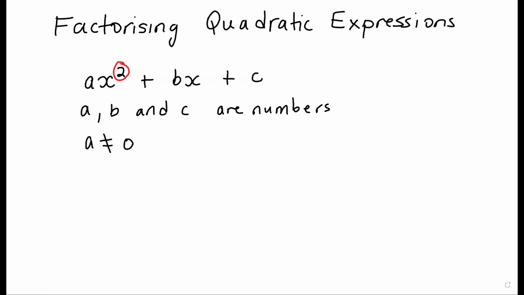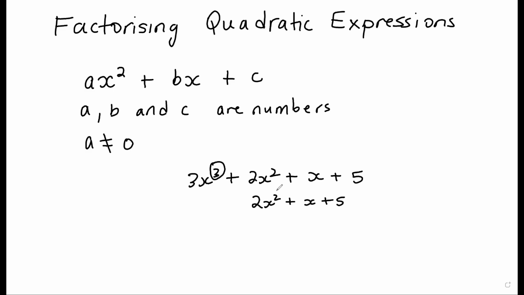So if you had another example, like 3x cubed plus 2x squared plus x plus 5, this will not be a quadratic because the highest power here is 3, which is more than 2, right? However, if you had just 2x squared plus x plus 5, this will be a quadratic because the highest power of x is 2. Even if you just had x squared plus 1, that's a quadratic, right?